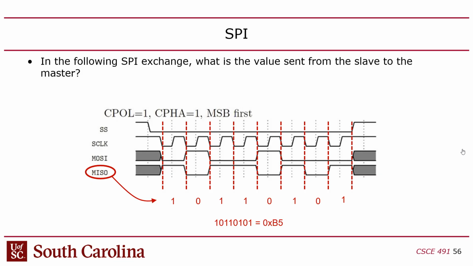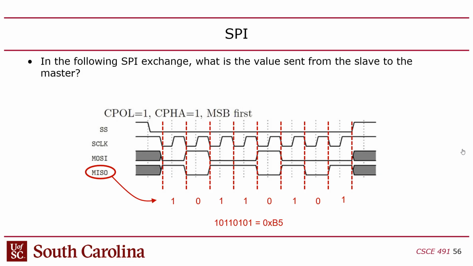I think SPI generally uses MSB first, but just for clarity, I always explicitly list that. So what does that mean? Most significant bit first means that this is bit 7, so I can just read this out in the same order that it's shown in the timing diagram.